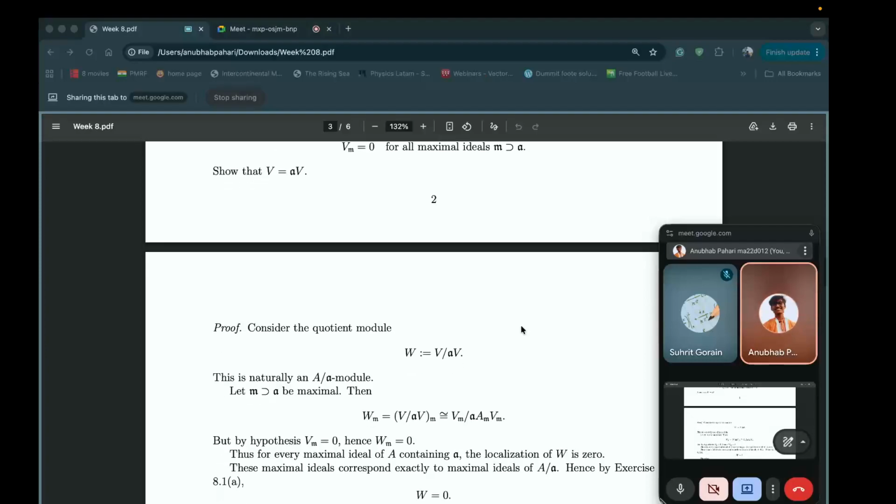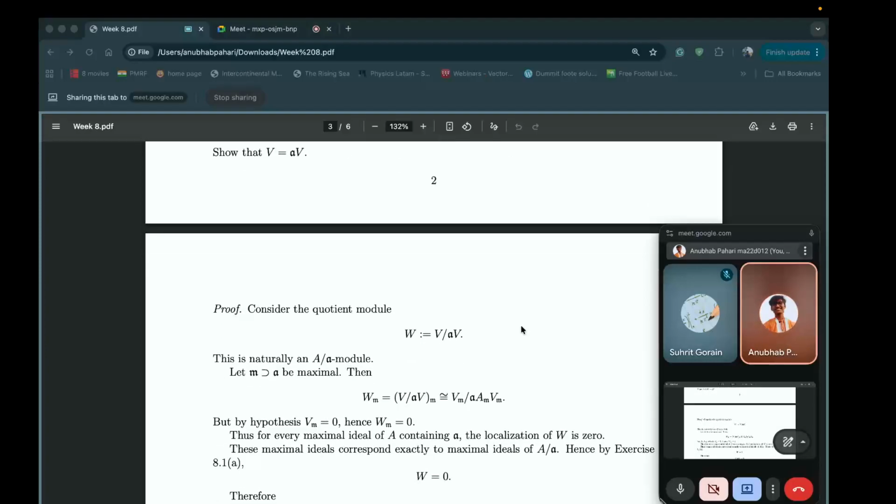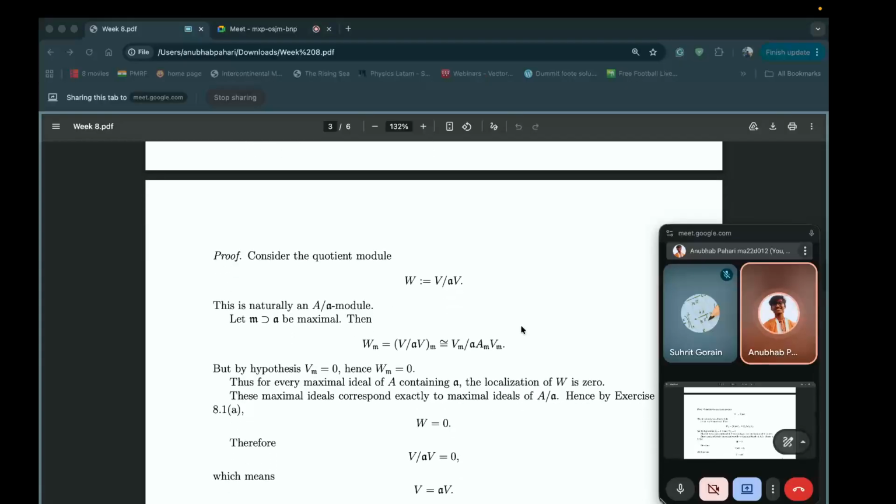Therefore, there is a natural module structure over A/a.